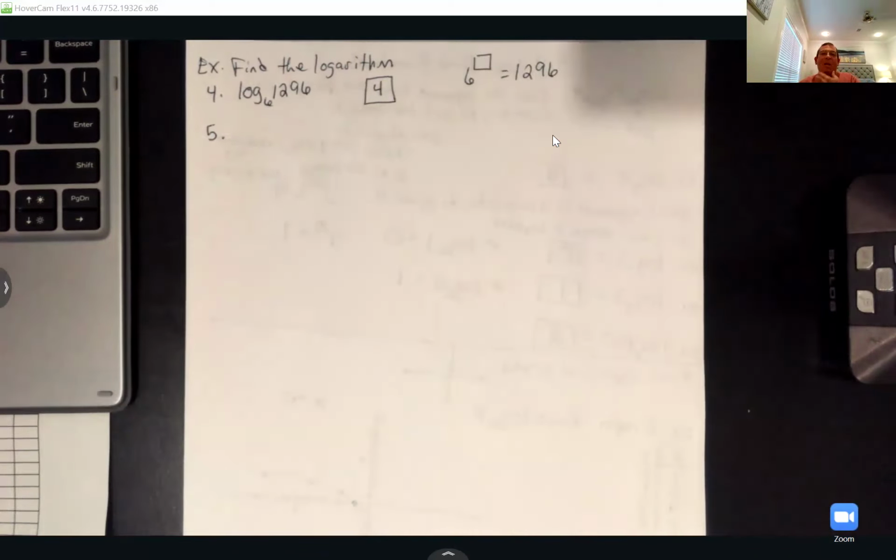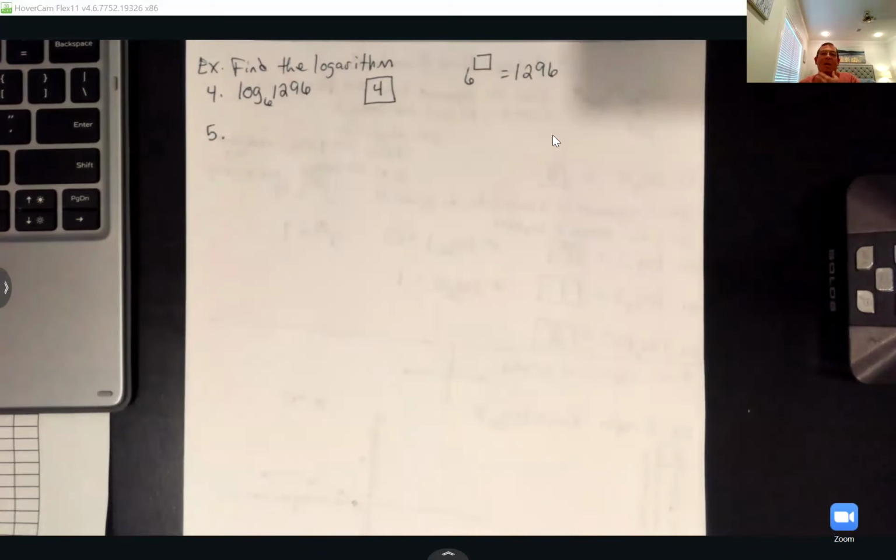Log base 3 of 3 to the 4th. All right, so on that one, when you put in your log, you'll have your base 3, arrow right, and then put in your 3 and make that exponent 4. That is definitely a 4. Good job.